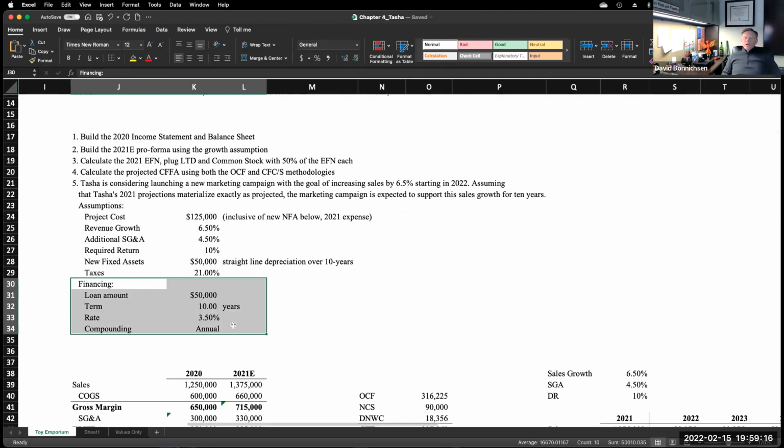It tells us that we're going to go to the bank and we're going to take out a $50,000 loan as part of the project cost. That loan's going to have a 10-year repayment term at a 3.5% interest rate with annual compounding. Okay.